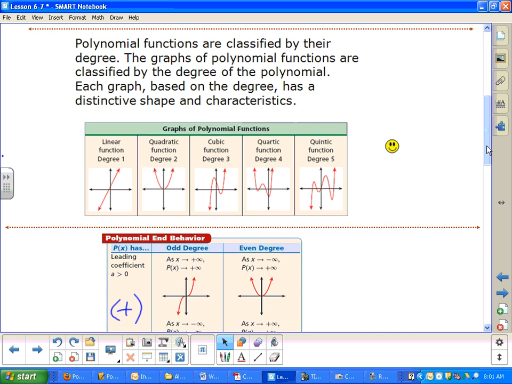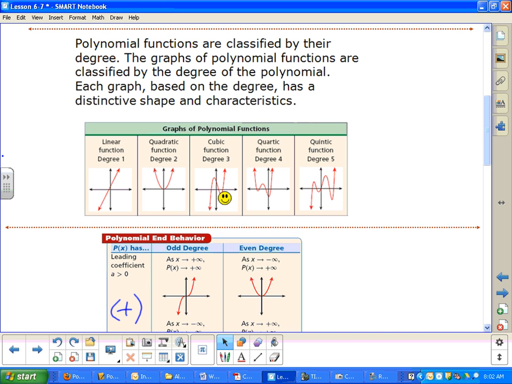What do you notice? Is there any difference in them? Do you see any difference in them? Or is it just a bunch of lines? Okay, exactly. That's one of the things I was hoping you would notice.